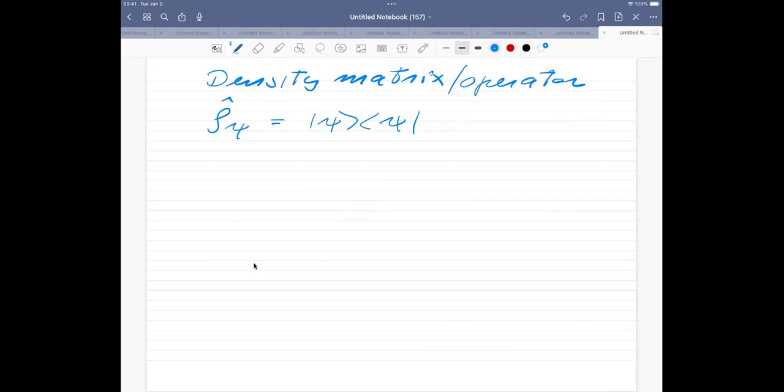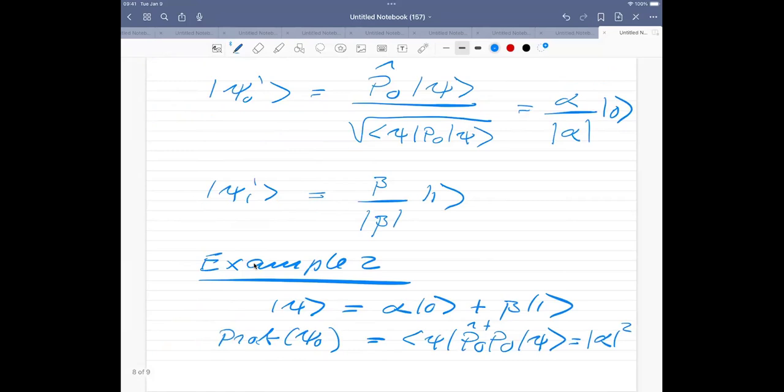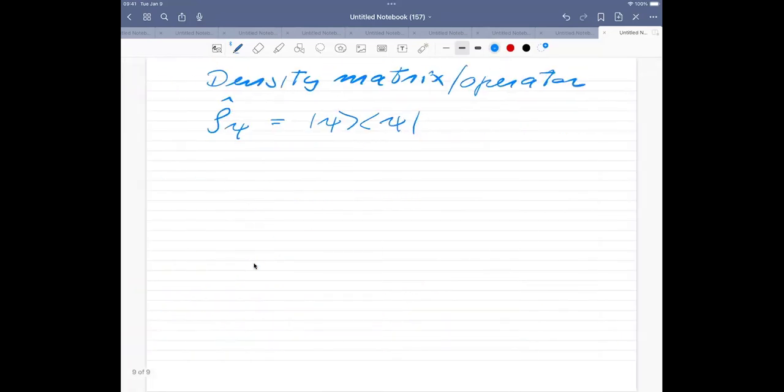So if I take that specific example, which we have here, that means this state here, and then calculate the density matrix, what we see now is that this quantity is going to be equal to alpha squared. And then I have alpha times beta complex conjugate. I have complex alpha times beta, and then beta squared, like that.